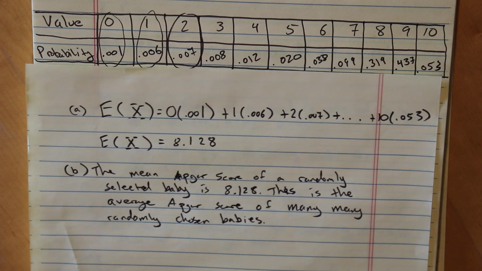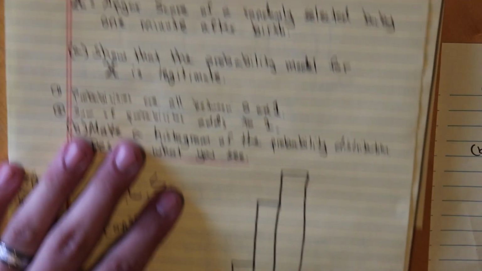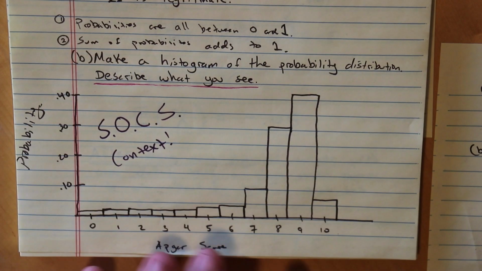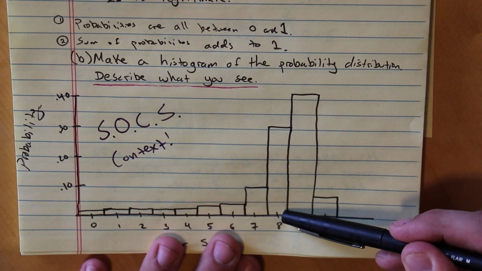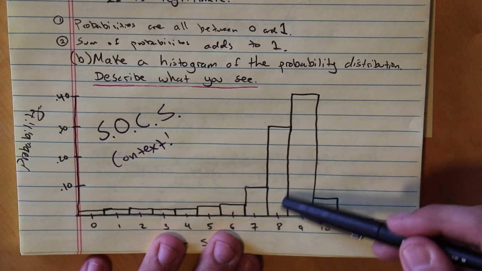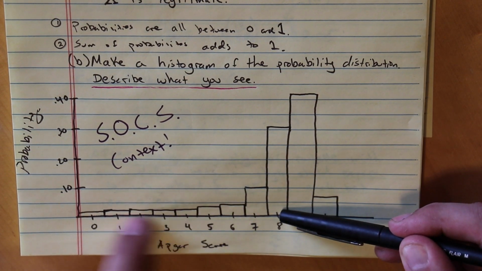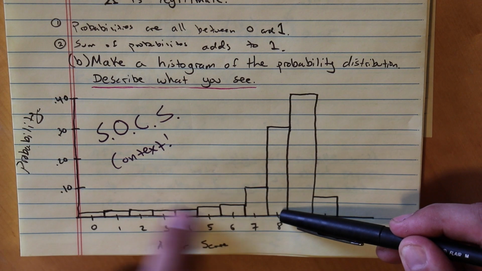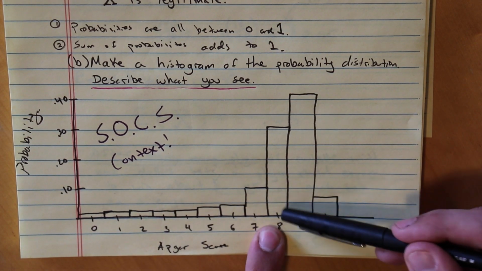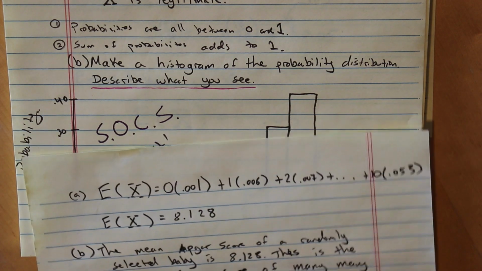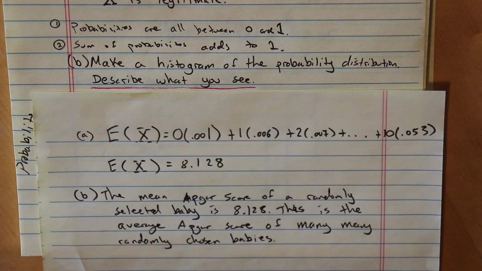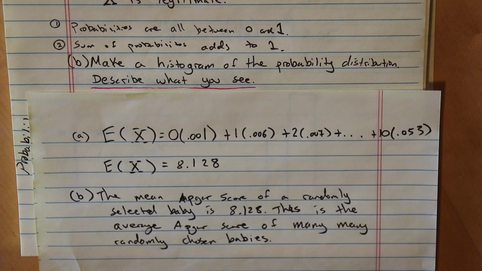And we can take a look back at our histogram. So 8.128 is about right here, and that seems like a reasonable mean. And notice how when we do the weighted average, the tail doesn't affect it too much. This seems pretty reasonable. But 8.128 is the mean. It's also what's called the expected value, what you'd expect to get on average after many, many, many, many samples.